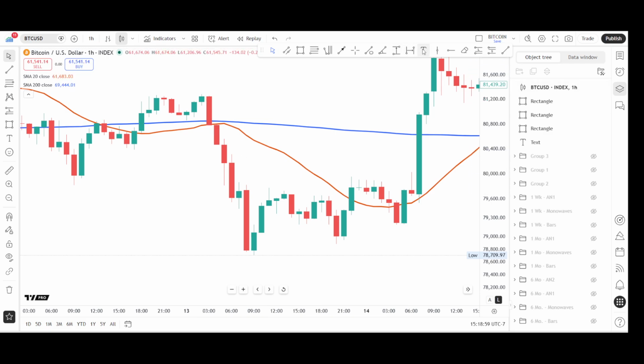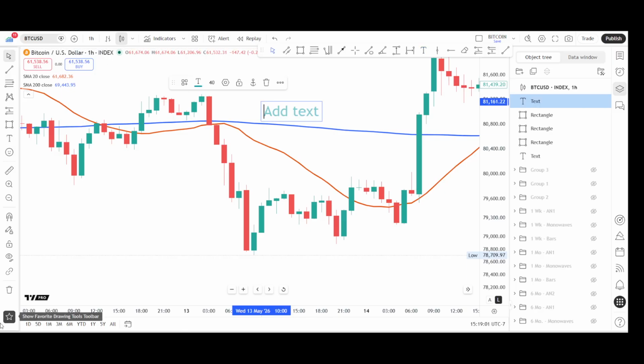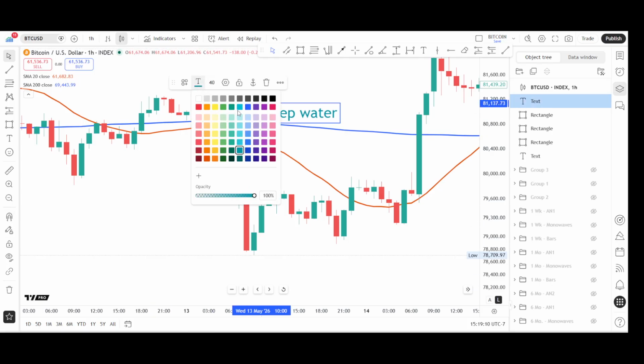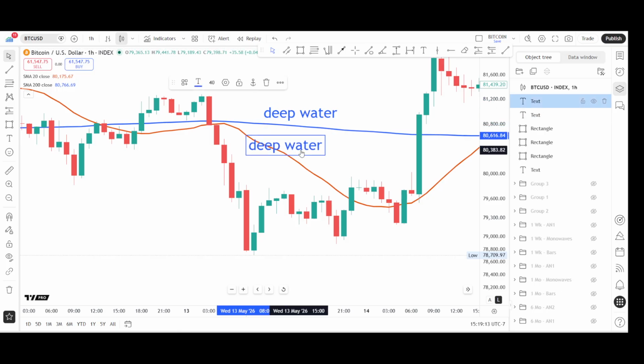You have the coastline is this. What was this? This was called the deep water. This is the wave we're surfing.